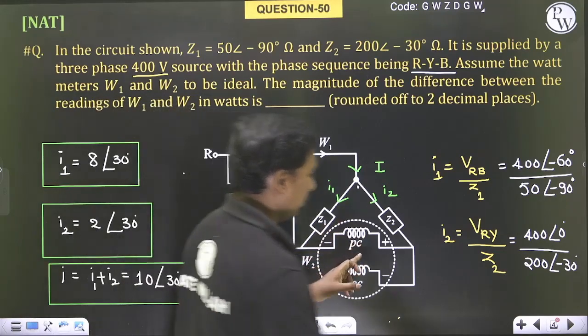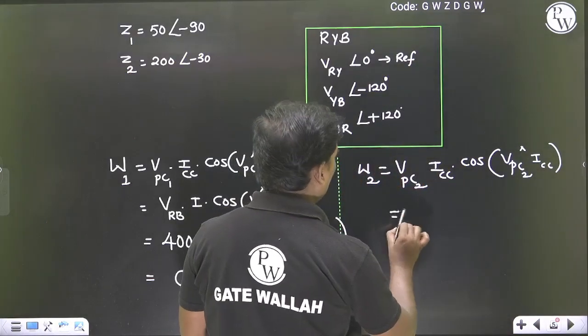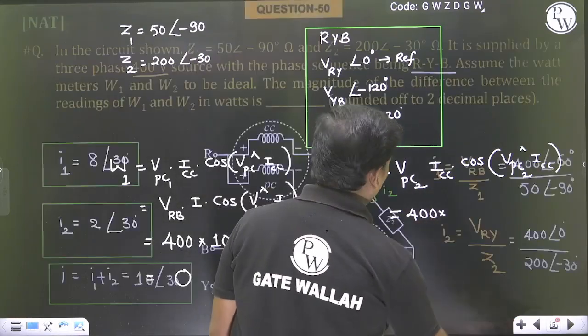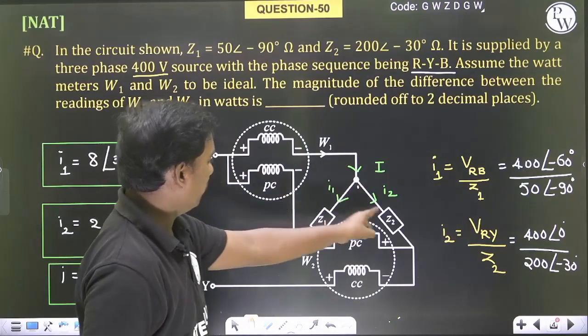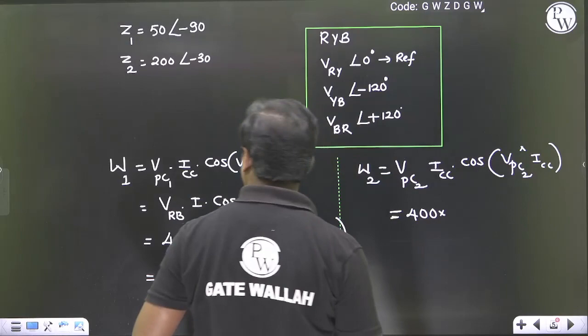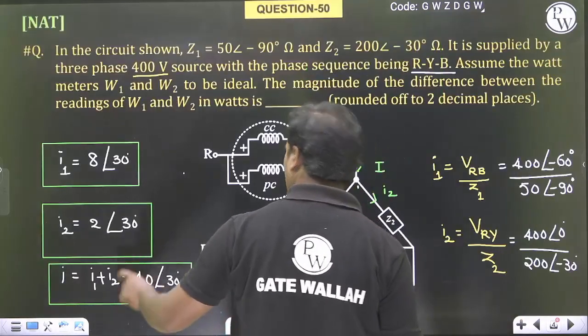ICC is the current passing here, which will be I2 only, that is 2 amperes.